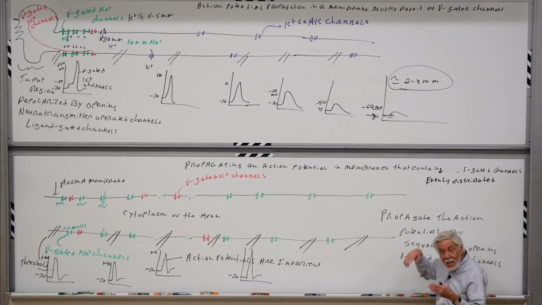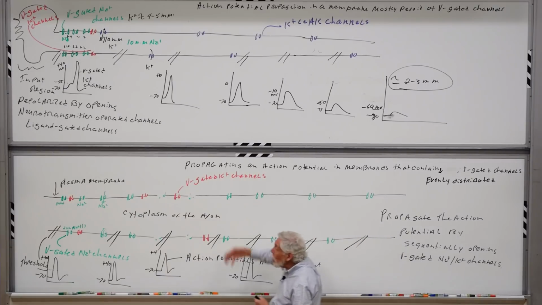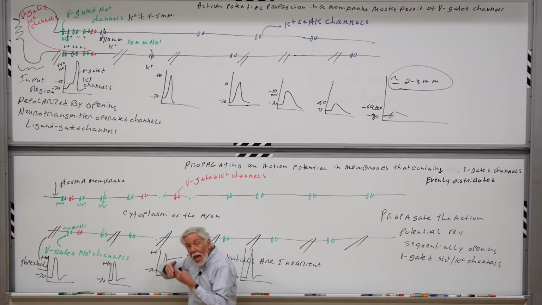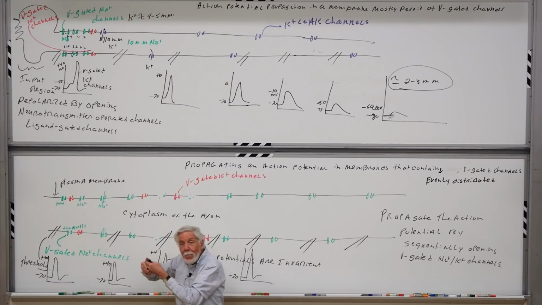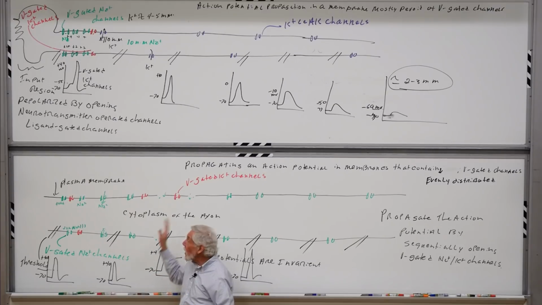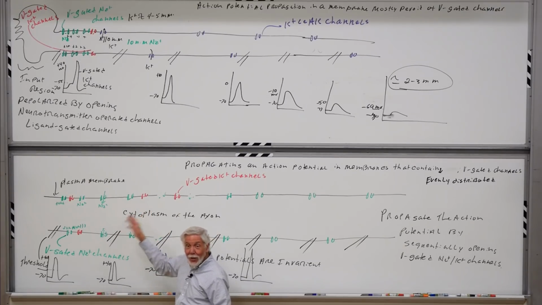And so it's the gradual increase in positive charge, which is at infinitely small sections of the membrane, driving that membrane potential to threshold, and then the next infinitely small region. That's why calculus is very useful when you start calculating these things.